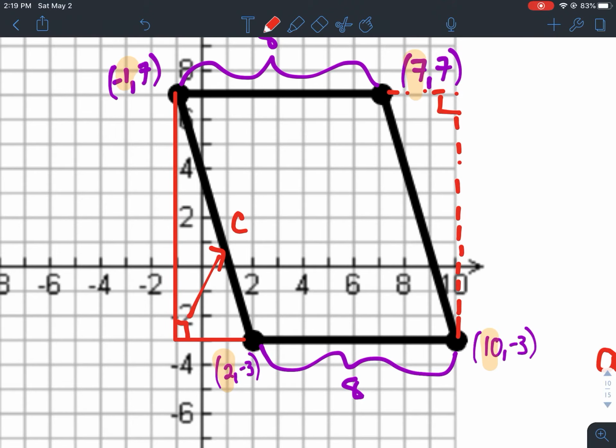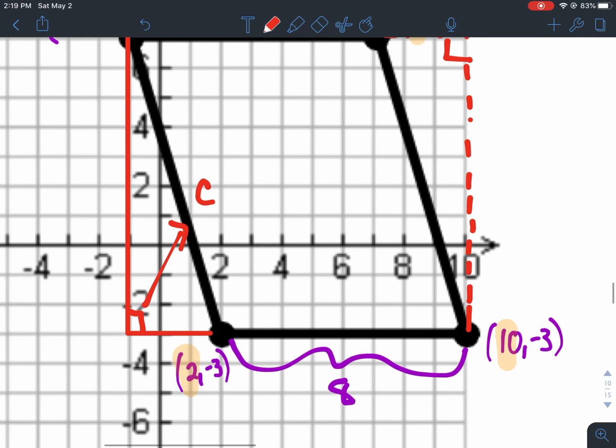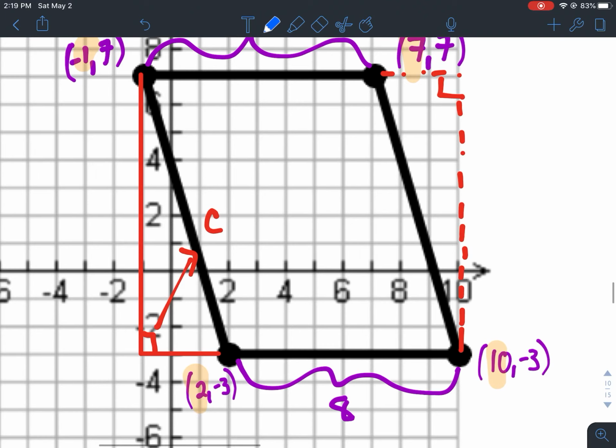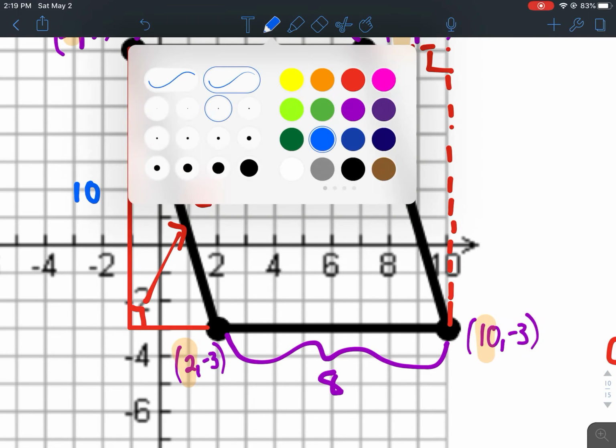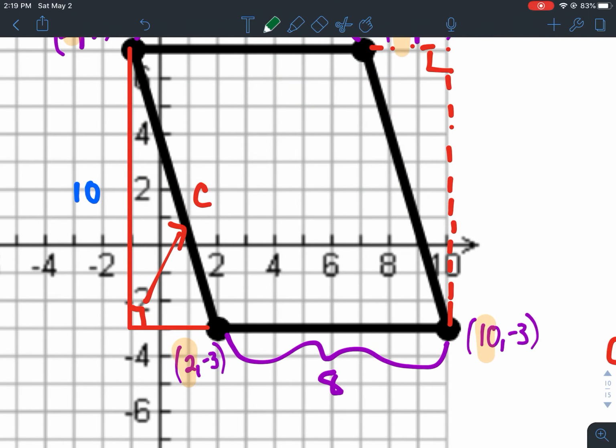That's why that is our c. The other two lengths can be considered our a and our b. So this vertical distance, if you count out the units, should be 10. That can be either our a or our b. And this other distance down here is 3.